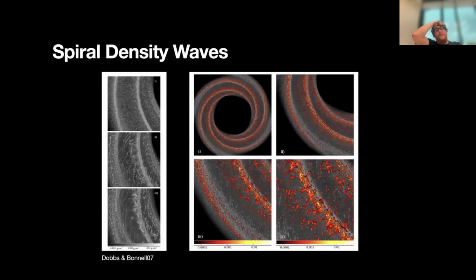And one possible route of molecular gas formation is a spiral density wave. So yet again, leaning on some of Clare's results, where as the atomic gas, which is in the grey, moves into the spiral arms, into the spiral density wave, you get this collision between the density wave and the gas, and you get the molecular clouds forming in the spiral arms.